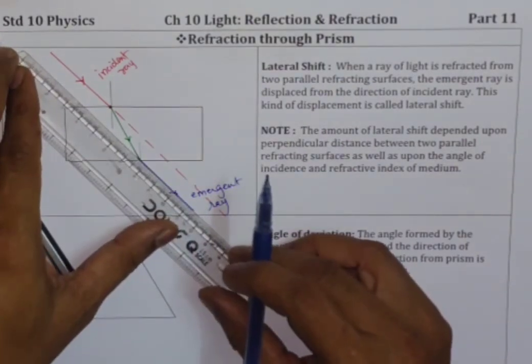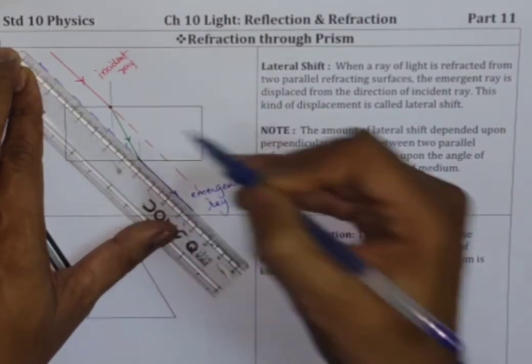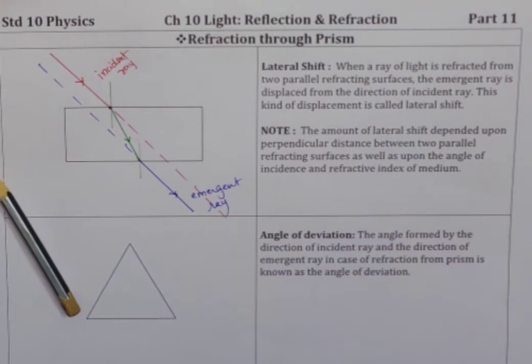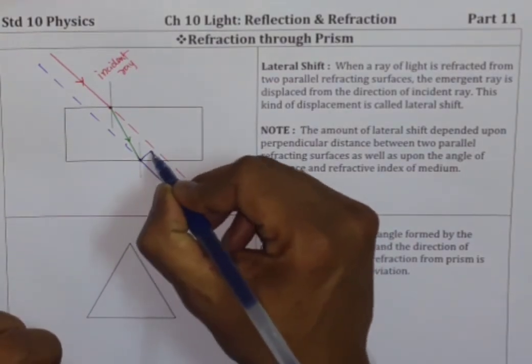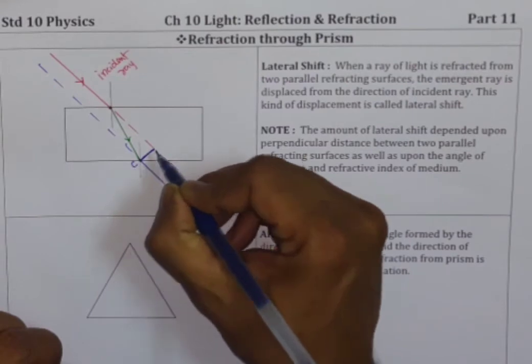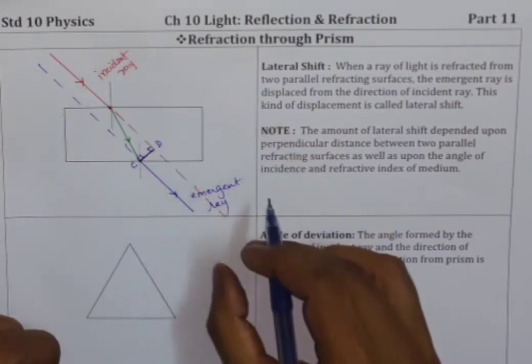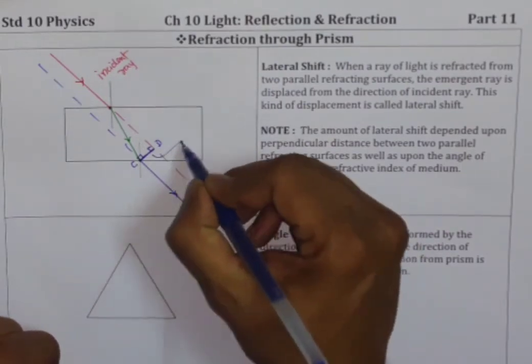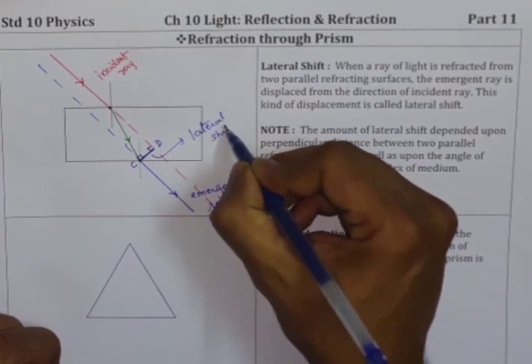In case of a glass slab, they are parallel to each other. Correct, children? Now, take the perpendicular distance from anywhere; suppose this point is C and this point is D. This perpendicular distance between these two rays is called lateral shift.